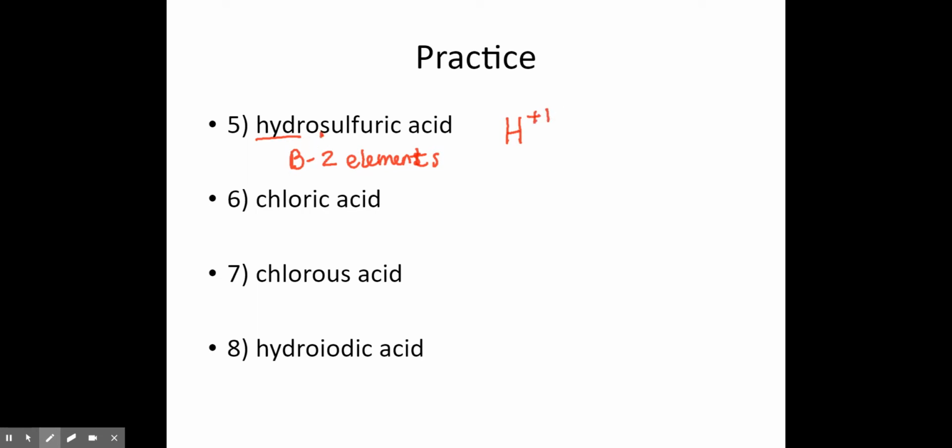My second one is sulfuric, so sulfur. If I look on the periodic table, sulfur is -2. So I need to cross those charges down. And my compound formula for hydrosulfuric acid is H2S.